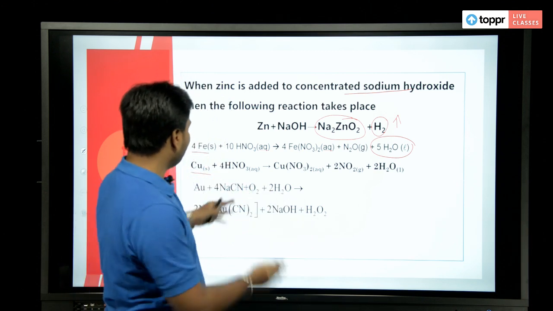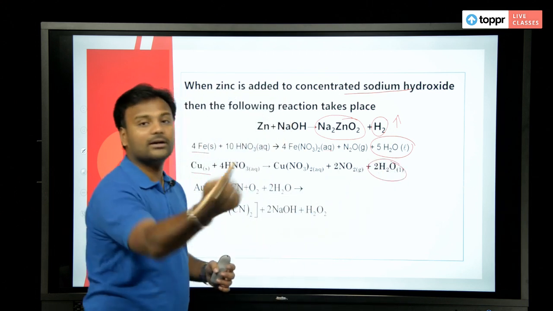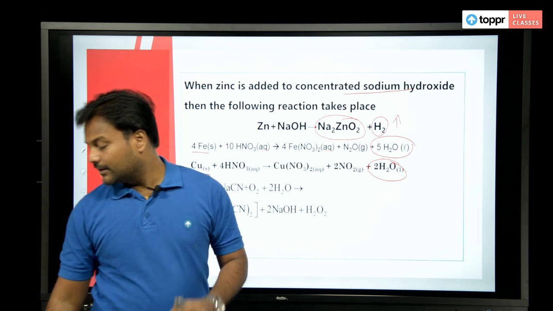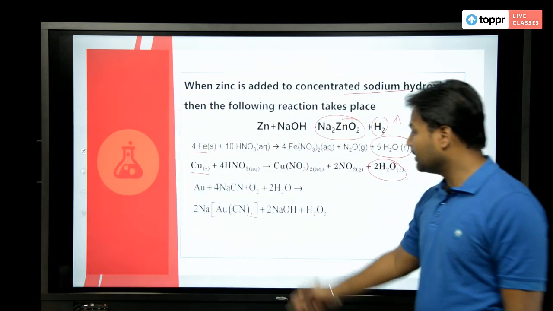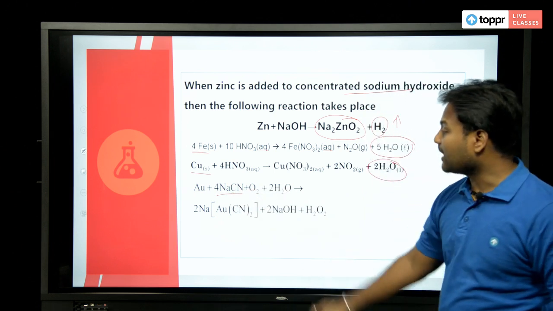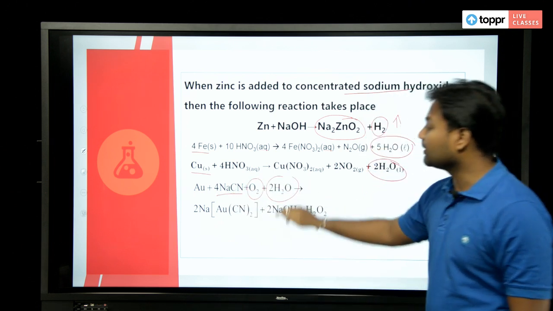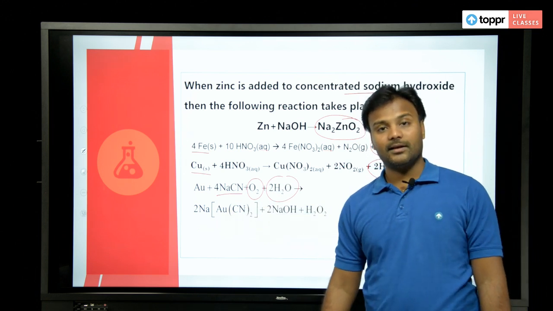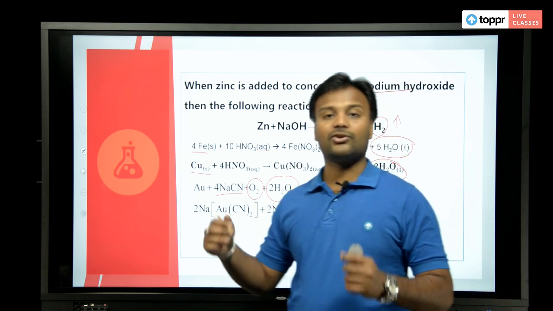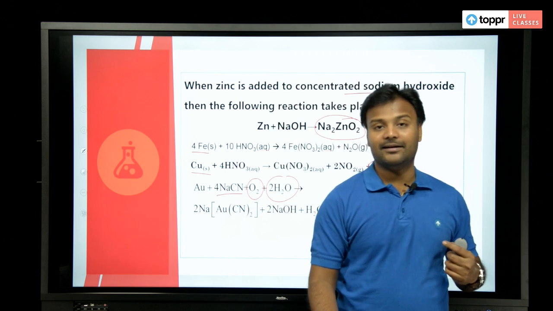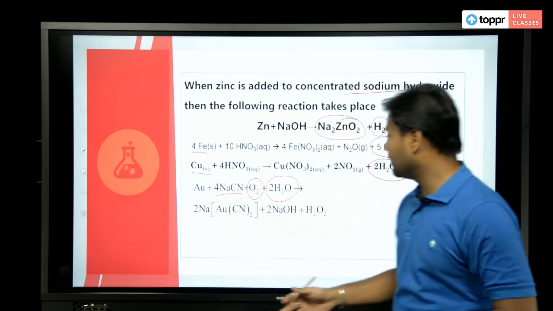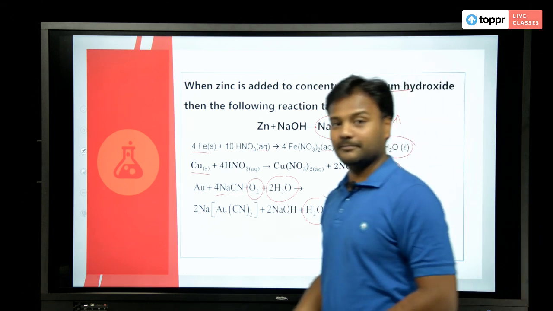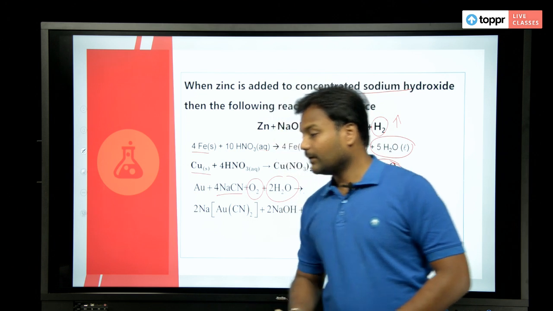That means the iron metal or the copper metal is liberating water, it is not hydrogen gas. Is it clear? Yes, gold is a noble metal, you are right. So, in the presence of sodium cyanide, oxygen and water, you get sodium dicyanoaurate. You can refer back to your knowledge of IUPAC naming of coordination compounds. Here there is liberation of hydrogen peroxide, it is not water again. Is it clear to you?